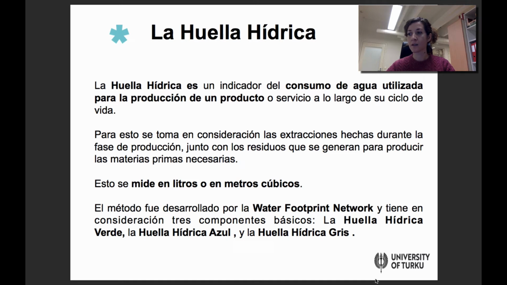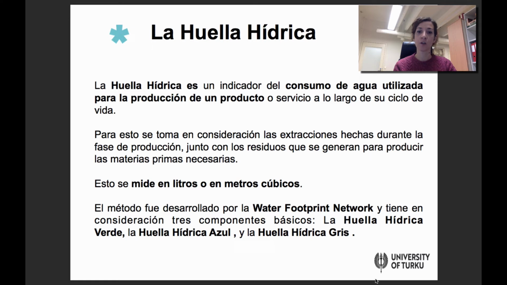These different types of water refer to the water that falls from the sky and is present in the environment, the water that is present in the ground, so groundwater, and the water that is polluted by the service or the commodity produced.